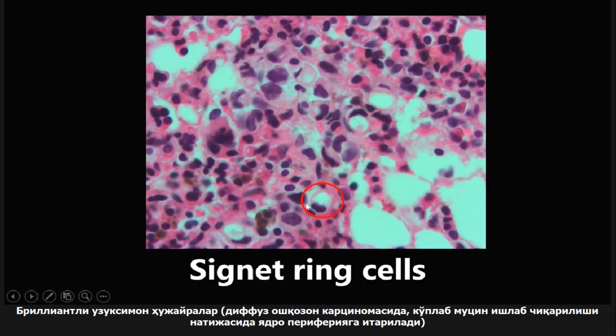People say it looks kind of like a diamond ring, thus the name signet ring cells. Here's maybe another example of one here, one here. So this white part isn't empty, it's filled with mucin, which is pushing the nucleus to the periphery. Signet ring cells, diffuse type gastric carcinoma.